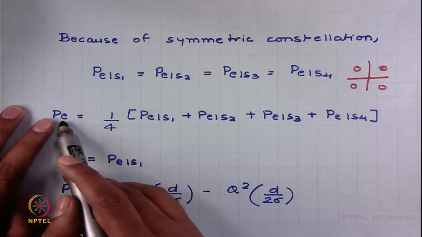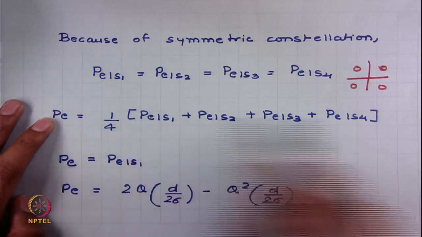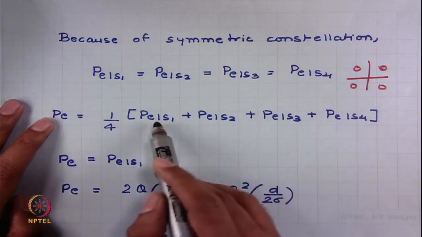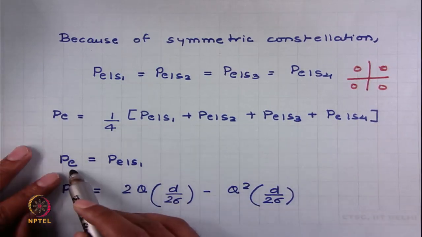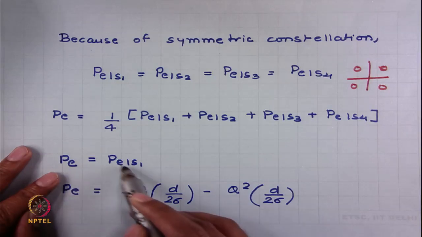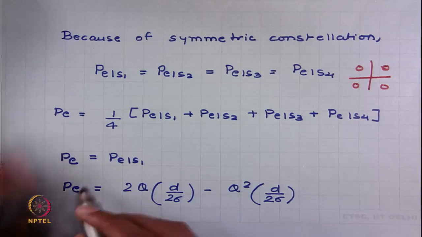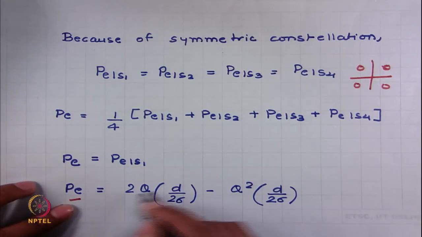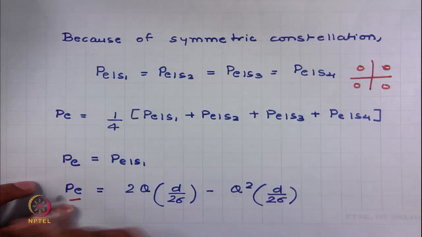The average probability of error will simply be 1 by 4 times the sum of these probabilities, and because all these probabilities are the same, the probability of error is simply the probability of error given S1, and hence the overall probability of error is also 2 Q of d by 2 sigma minus Q square of d by 2 sigma.